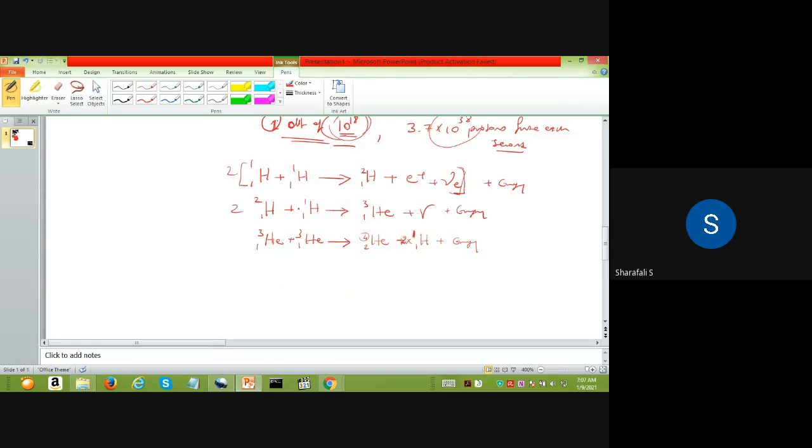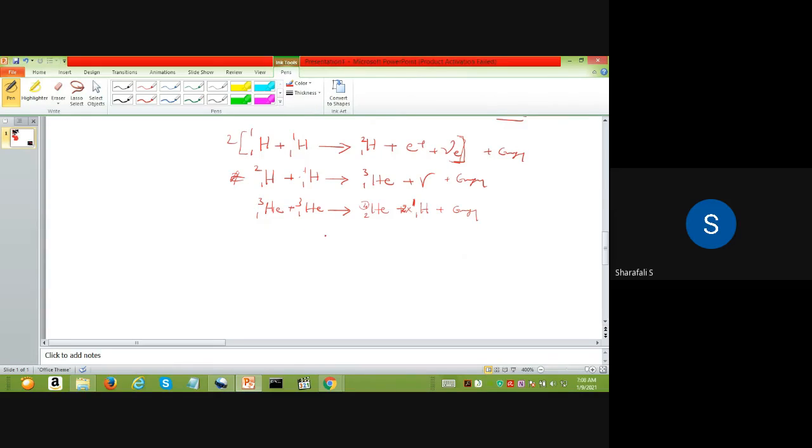If I put 2 here, so 2 will come here, then it will become 4 more. So 2 plus 1, 3, 1 proton plus 2 helium-3. So check that.